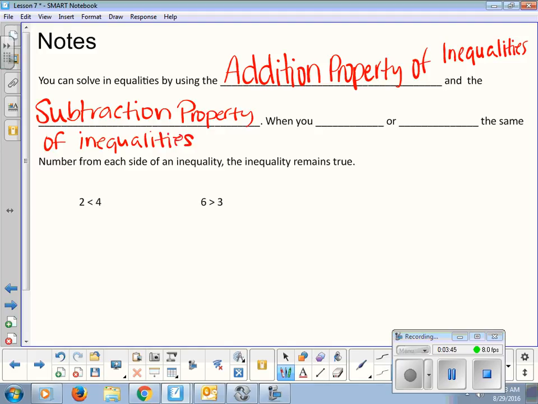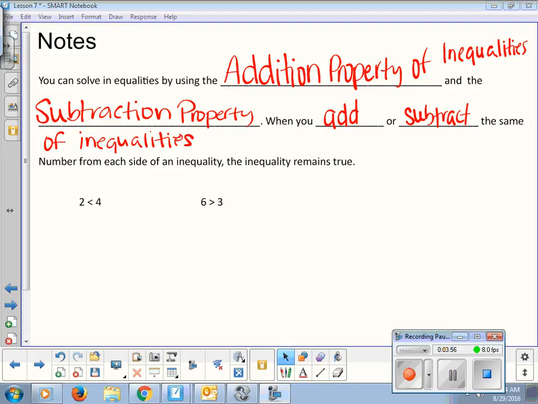Just like with one-step equations, when you add or subtract the same number from each side of an inequality, the inequality remains true.